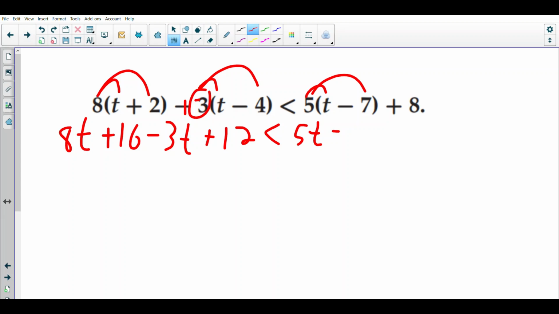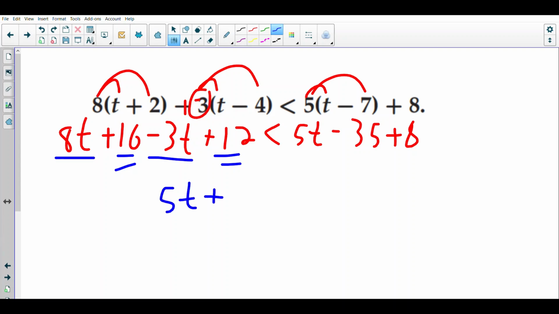People, it happens. Minus 35 plus 8. Let's combine like terms. We've got 8t and minus 3t, and then 16 and 12 on the left side. So I got 5t plus 28 is less than, I only have 5t there, but I have a negative 35 and a positive 8, so I get minus 27.